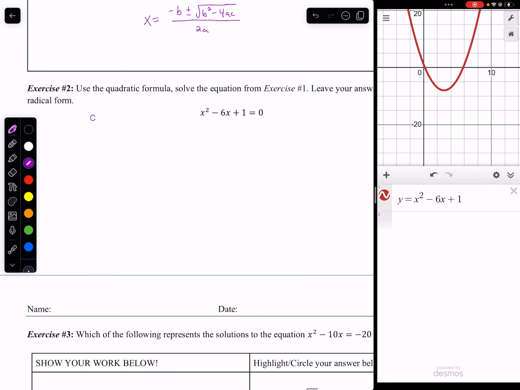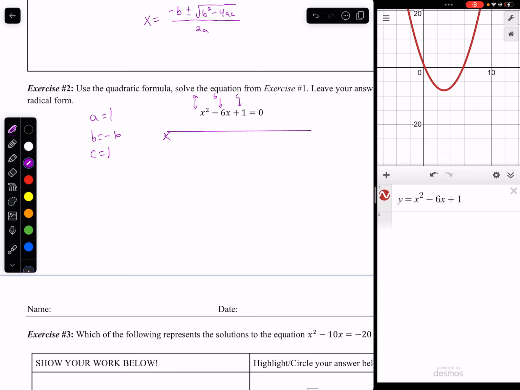So first thing you should do is identify a is 1, b is -6, and c is +1. Let's write that a little more neatly: a, b, and c.